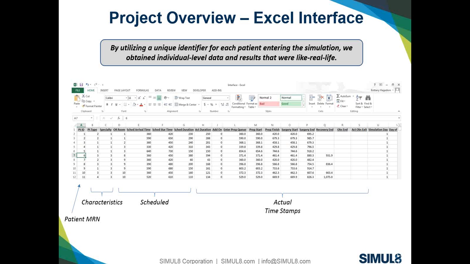Okay, so the other thing I think that was really powerful with this project is that Simulate allows you to export data to Excel at the end of every run or at certain points in time. And so what we were able to do is export data that essentially looks like real-time patient-level data.